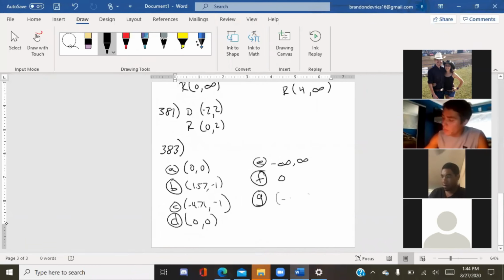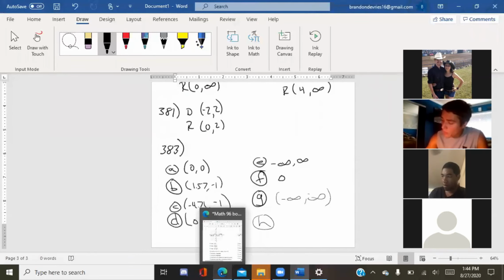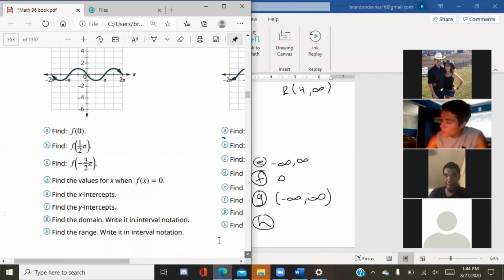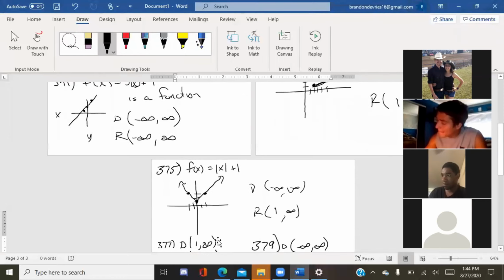Okay. And then h. And then it's probably find the range for h. Yeah. And then that one would be negative 1, 1.